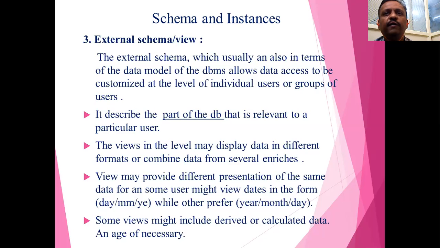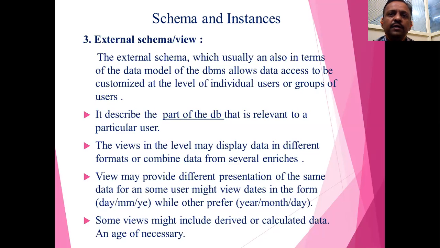The views at this level may display data in different formats or combine data from several entities. Views may provide different presentations of the same data, and some users might view dates in one form while others prefer another. So there are different formats of dates. As per the date format, you require to insert the values. Some views might include derived or calculated data if necessary.